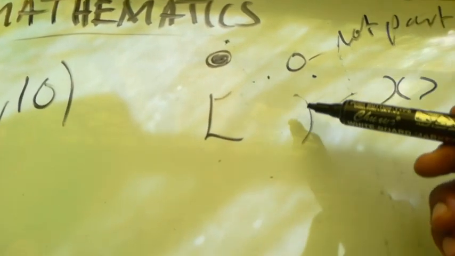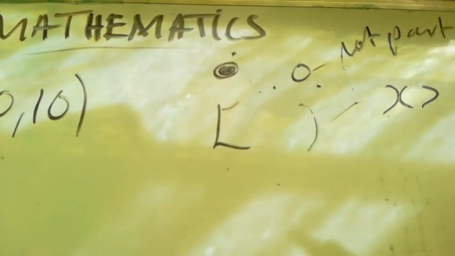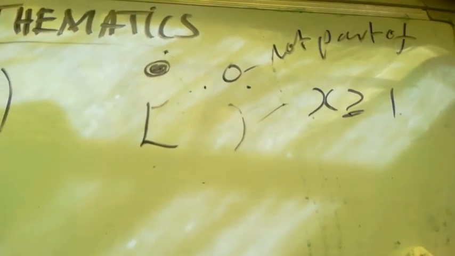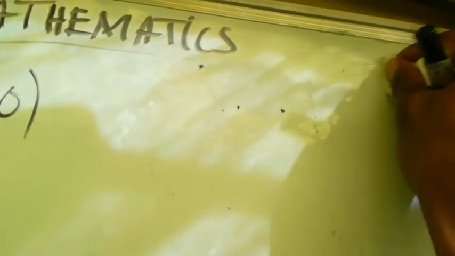This means they are not part of. It's a similar situation, but this means they are part of. Okay, so we'll work with these, and it's very important for you to understand when and when not to use them, right? All right, so let's proceed.